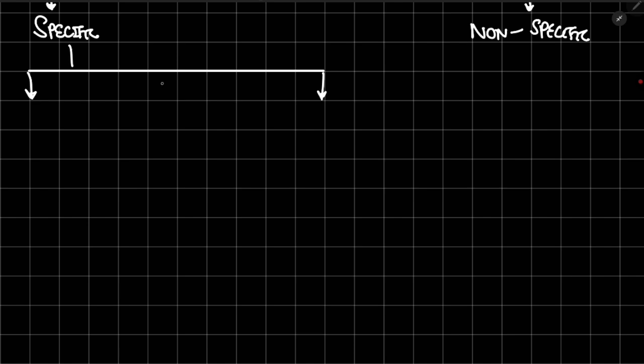I will write the short forms of these classes: SABA, LABA and ultra LABA. SABA is short acting beta 2 agonist, LABA is long acting beta 2 agonist, and ultra LABA is ultra long acting beta 2 agonist.